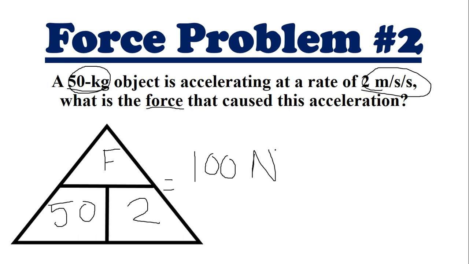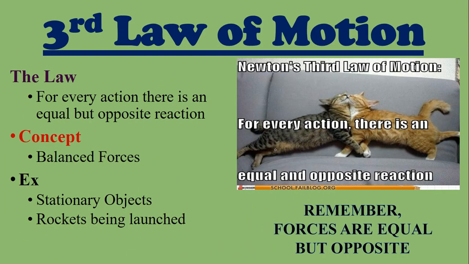All right, so that was Newton's second law of motion, but remember there were 3 laws. The third law of motion says, for every action, there's an equal but opposite reaction. So the concept here is all about balanced forces, about not moving.